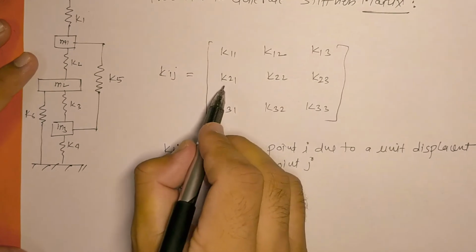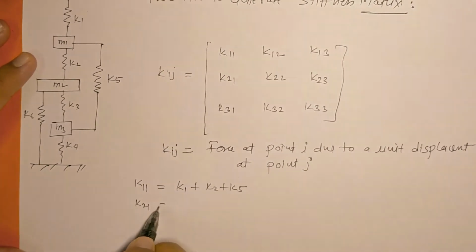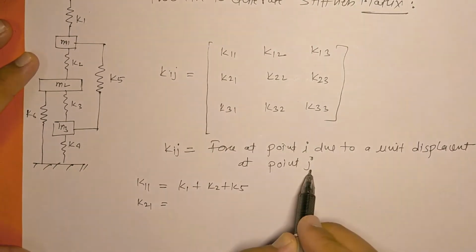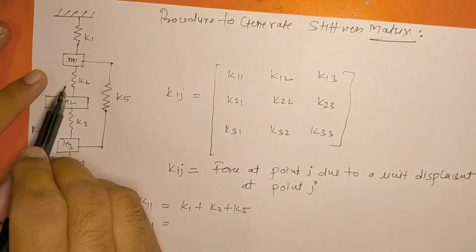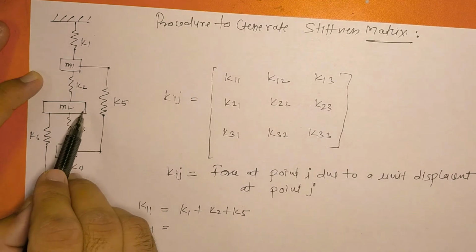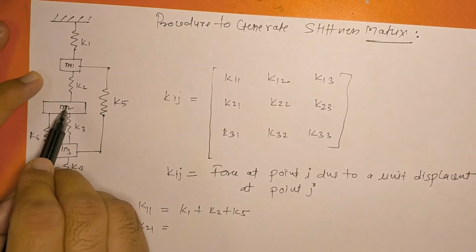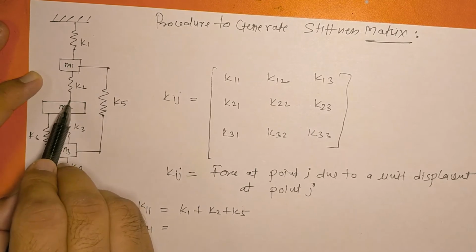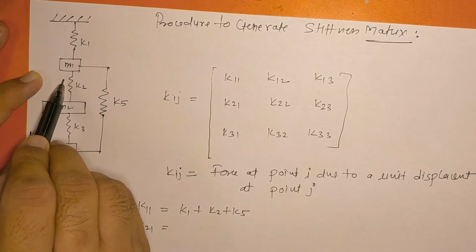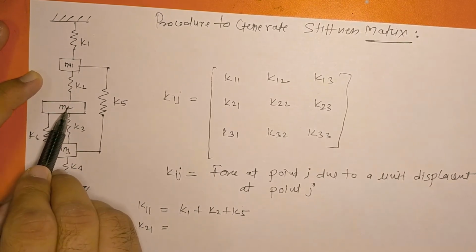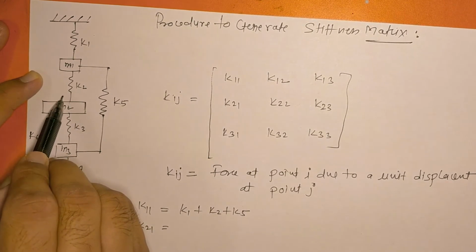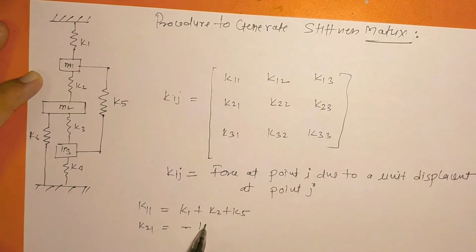Similarly, K21 means force at point 2 due to unit displacement at point 1. If we displace mass m1 with unit displacement and all other masses are fixed, then the force at 2 is, because it is connected with the help of K2 only, K2 multiplied by 1 in this direction, that's why this is negative, so this is minus K2.